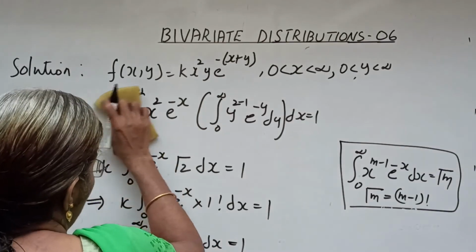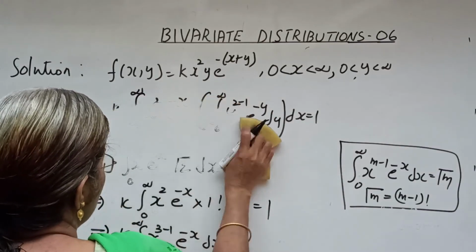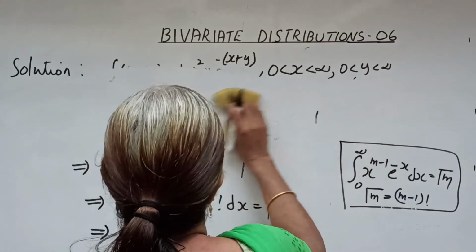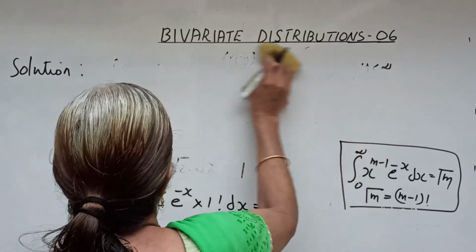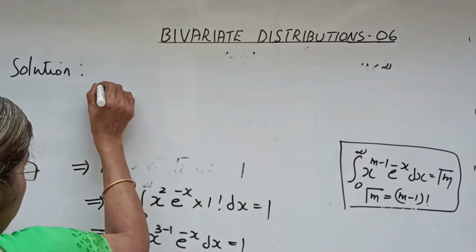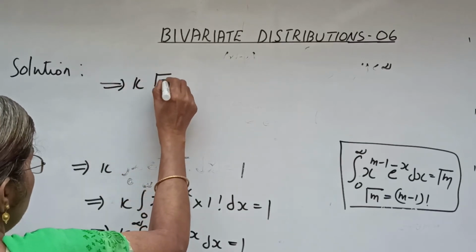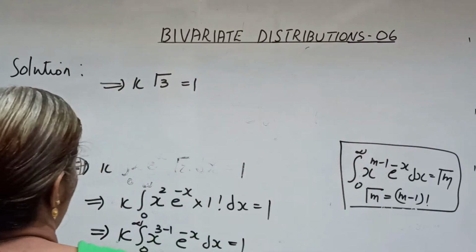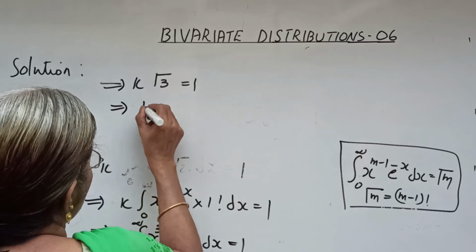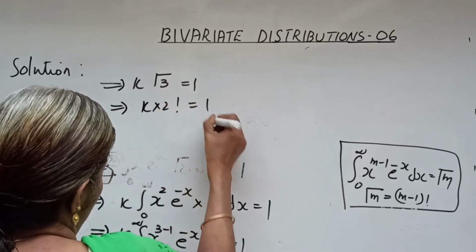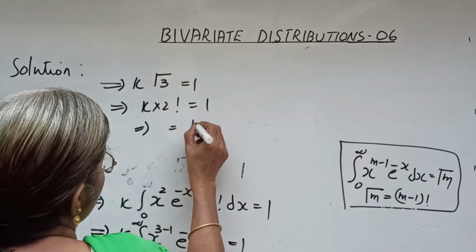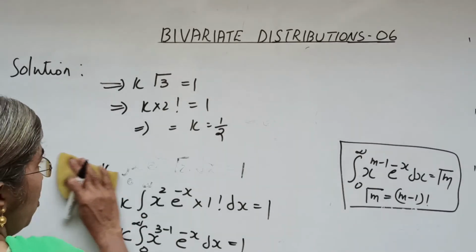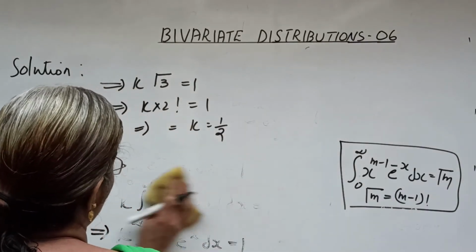And we know integral 0 to infinity x raised to 3 minus 1 e raised to minus x dx is gamma 3. So k into gamma 3 equal to 1, and we know gamma 3 equal to 2 factorial, which implies k into 2 factorial equal to 1, which implies k equal to 1 by 2.